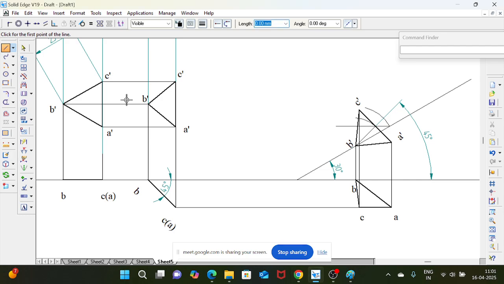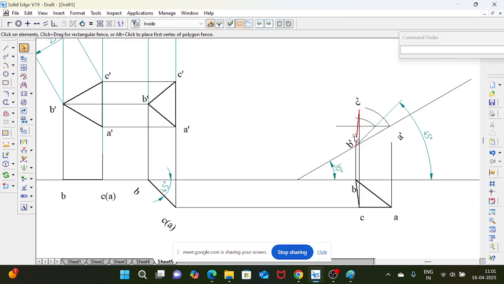So, how to do manual drawing? This position and this position you will do. How to do in this position? Say, you have to construct this. In manual drawing, how to construct this?